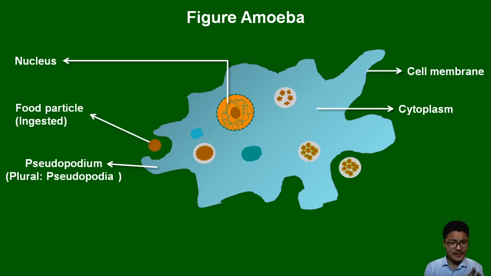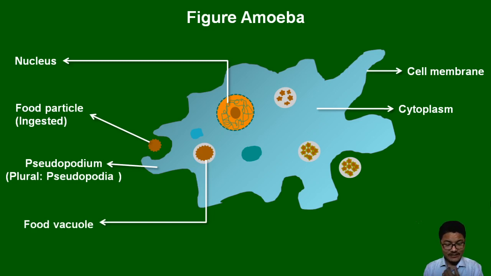Whenever amoeba is nearby any food particles, it tries to ingest, engulf, take in the food particle by the flow of cytoplasm, and there is formation of pseudopodia.